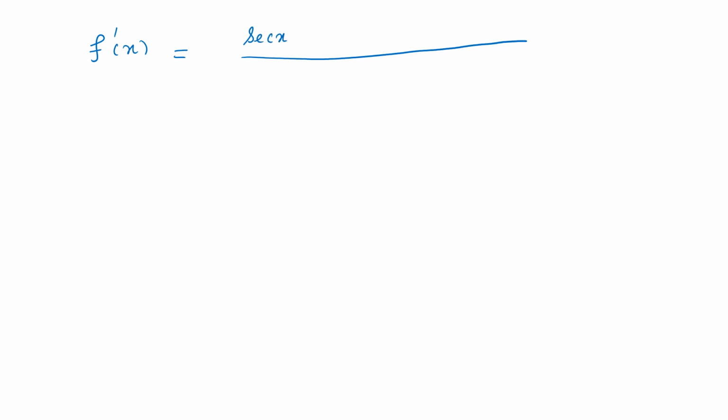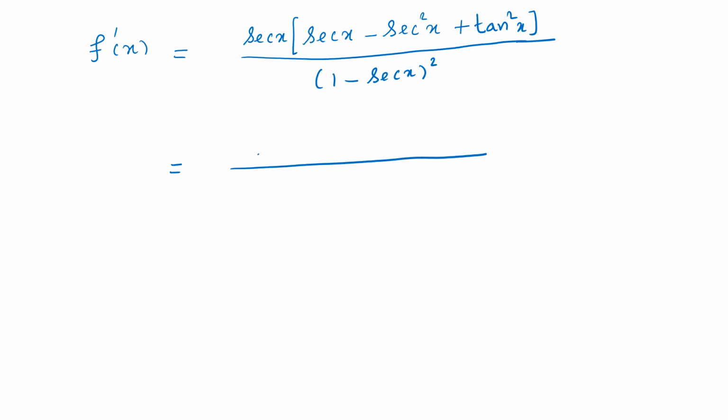So sec x times, remaining is sec x minus sec square x plus tan square x over 1 minus sec x square, which is equal to sec x times, here sec x, what is minus sec square x plus tan square x, which is equal to minus 1, divided by 1 minus sec x square.